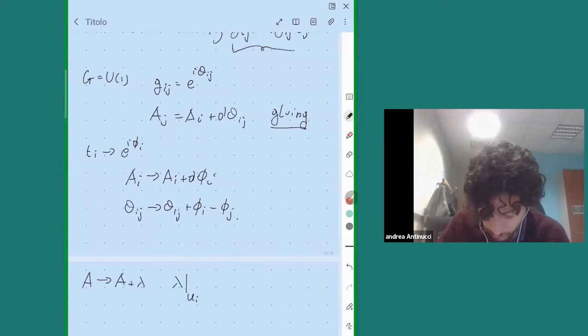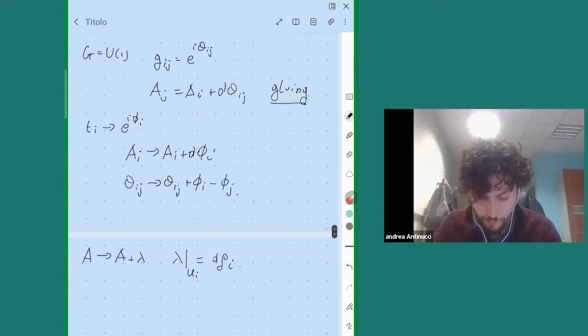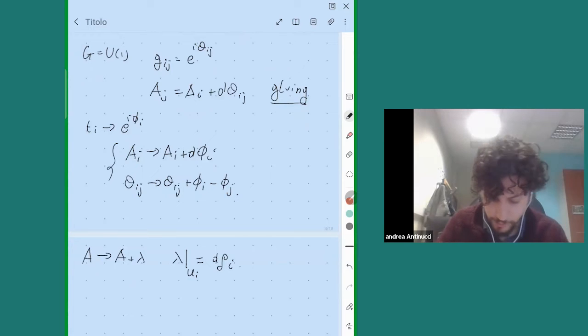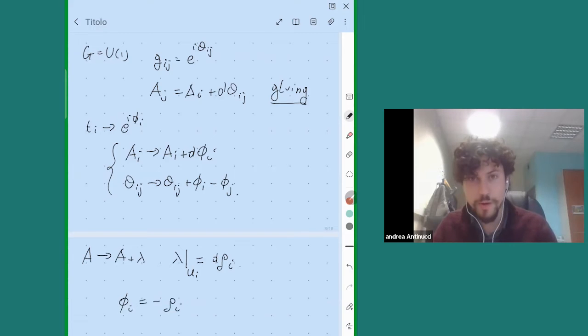So the restriction to any open set can be written in this way. But then you may notice the following: if I take this gauge transformation that I wrote, I can perform in any patch a gauge transformation with phi_i equal to minus rho_i, and I will reabsorb my shift from the symmetry transformation.